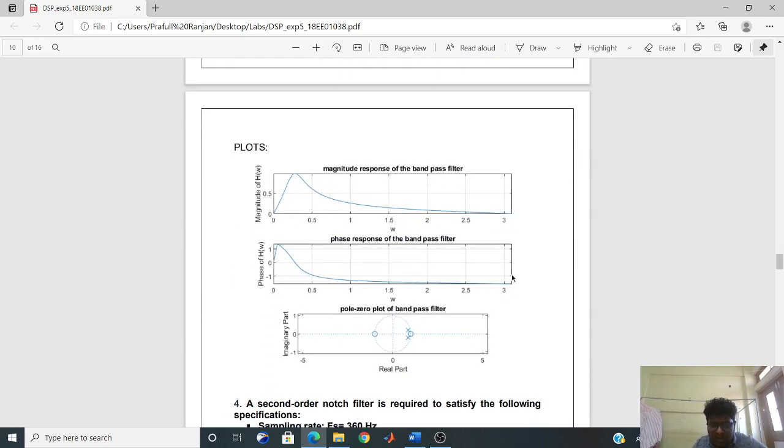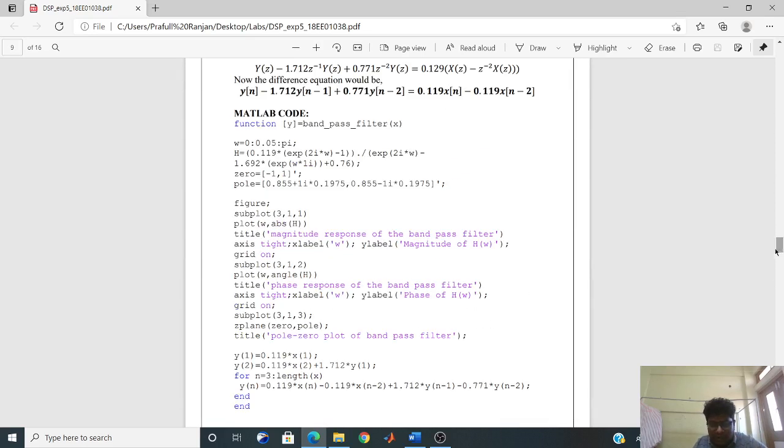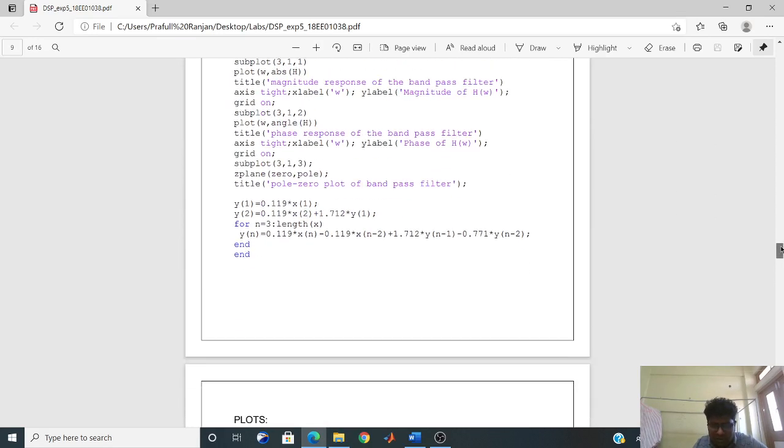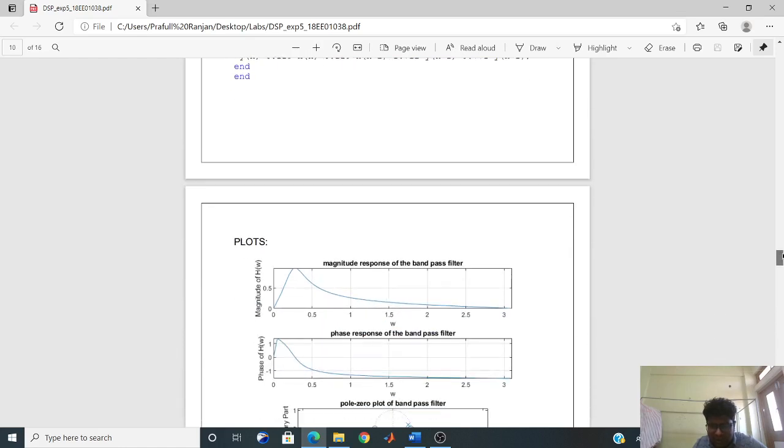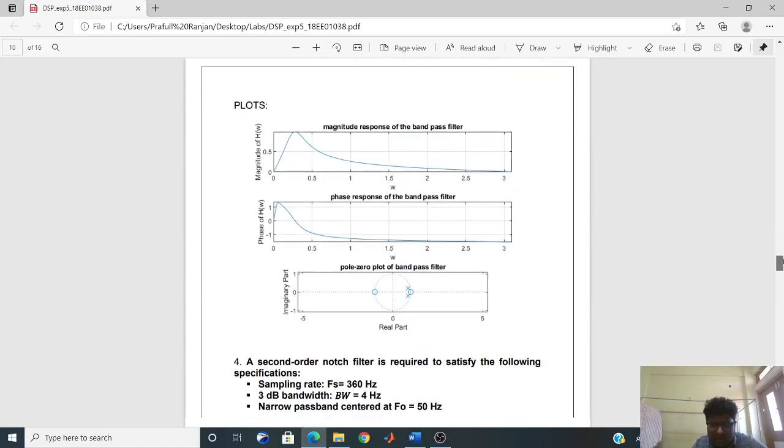So the plot is coming like this. And one more thing, I am returning the value of y to the main function, where I will plot the ECG and PPG value outputs.